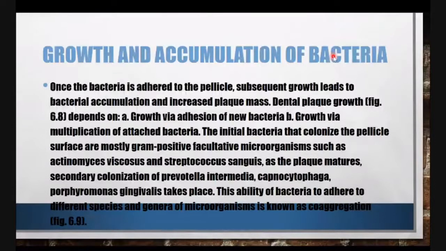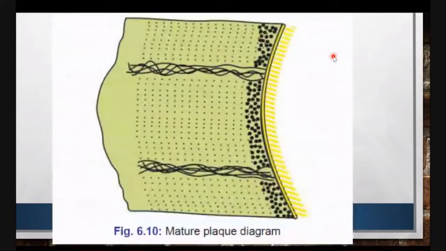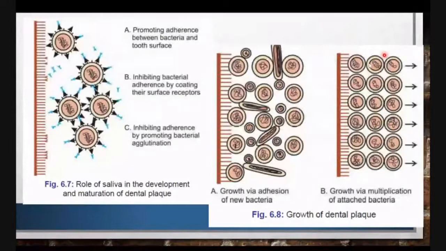This ability of bacteria to adhere to the different species and genera of microorganisms is known as co-aggregation. We call this co-aggregation, which we saw in the picture here. How did we get growth via adhesion of new bacteria, or growth via multiplication of the attached bacteria?